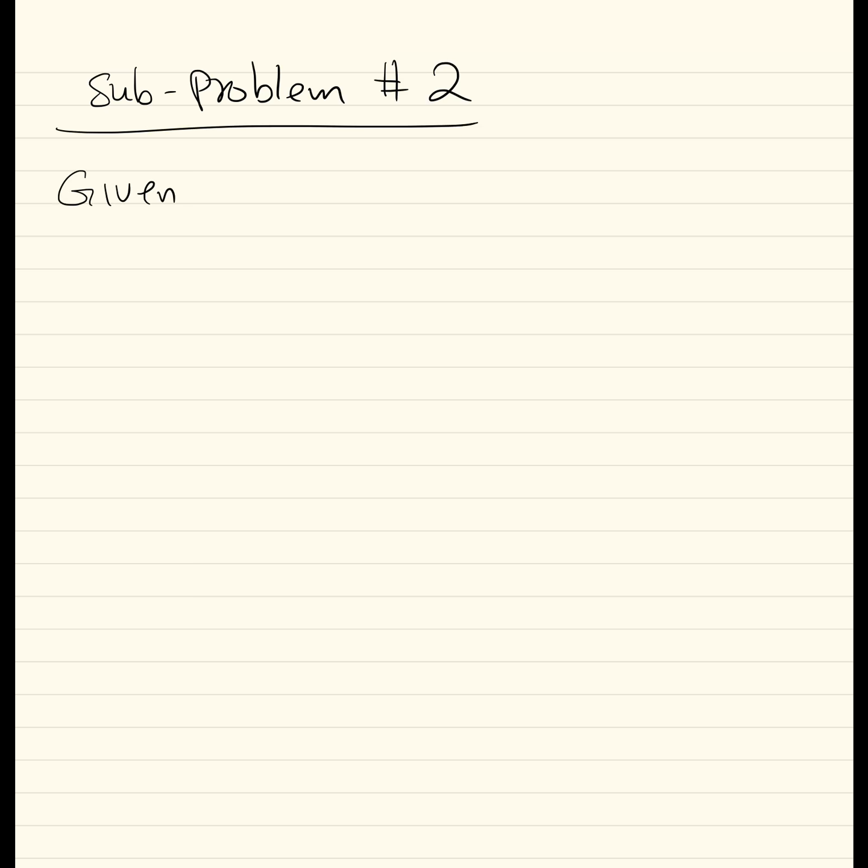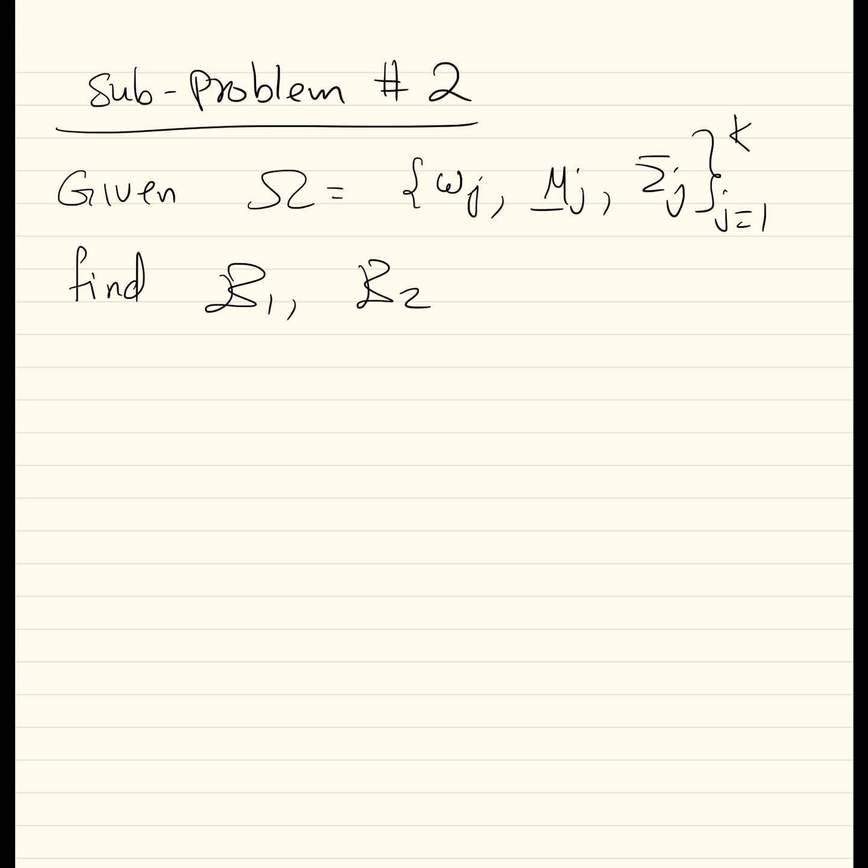Okay, so we'll now move on to subproblem 2, which is what we introduced here. So here we reverse the question. Here we are given omega, which is wj, mu j, and sigma j. And we want to find the associations.